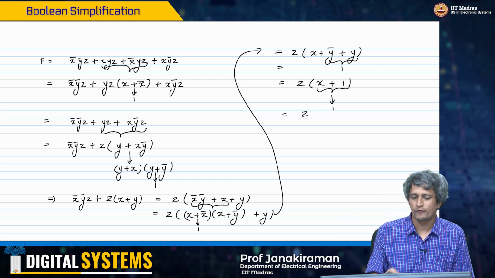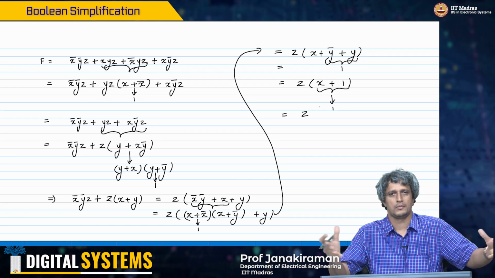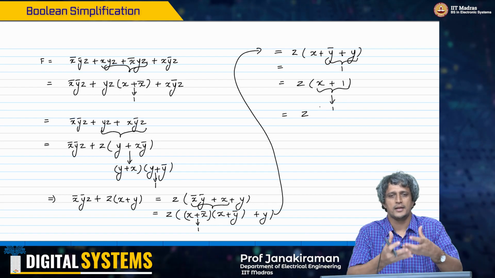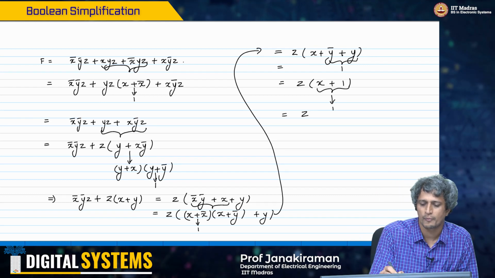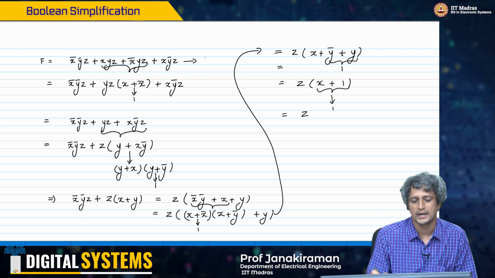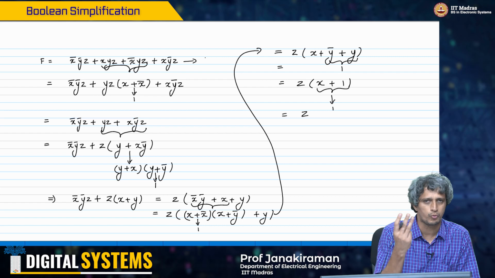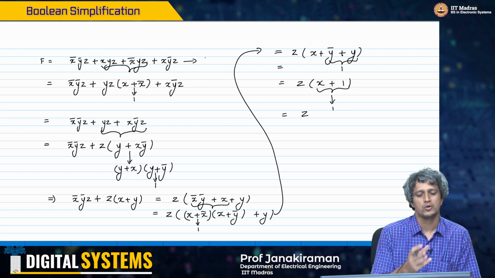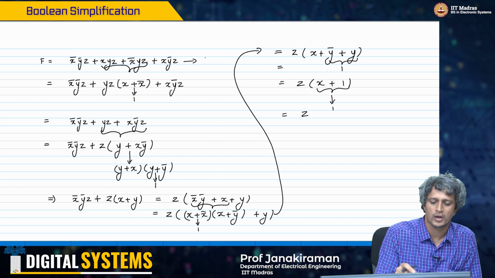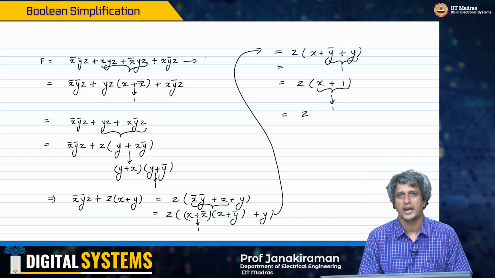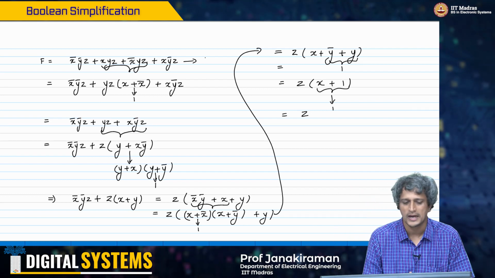Okay. So if you had tried to implement the logic gate implementation of f in its unsimplified form, you would have used, for each of these terms, a 3 input AND gate, and you would have used a 4 input OR gate in order to do the ORing of all these expressions, right?